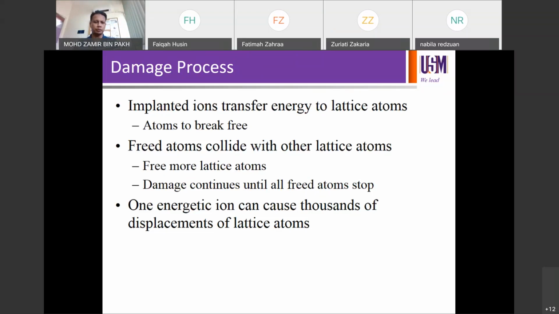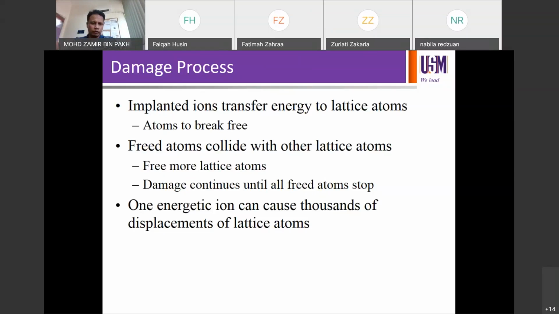So implanted ions transfer energy to lattice atoms upon impinging on the surface of silicon. The ions carry together some level of energy to enable implantation. This results in atoms from the lattice breaking free.